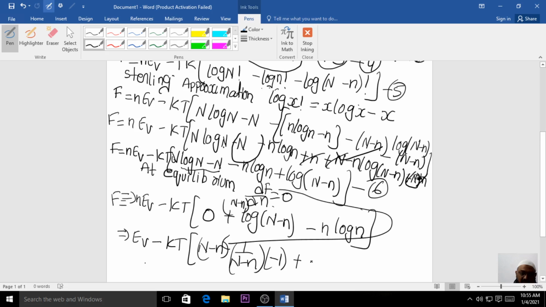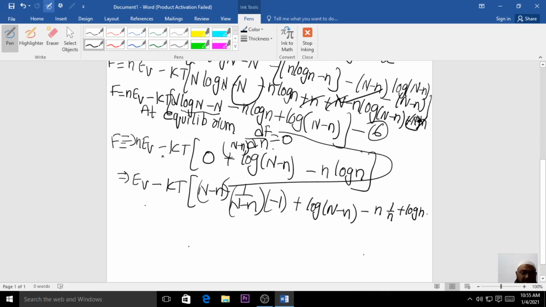Then again you are going to write plus log of N minus n, again minus n into 1 by n, plus log of n. So this term will be as it is. You will find that this and this get cancelled, and you get this here.